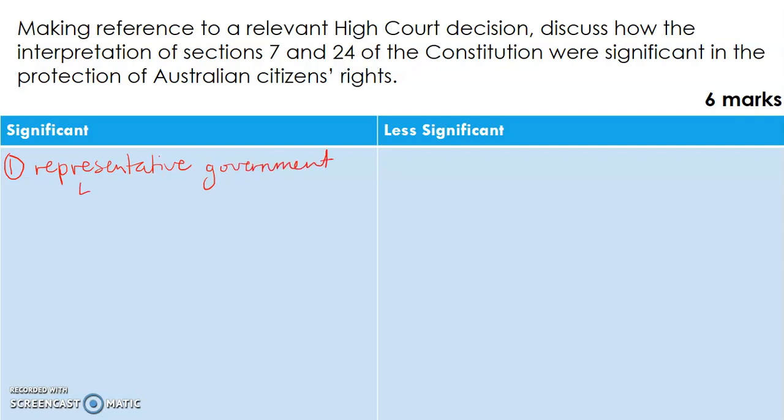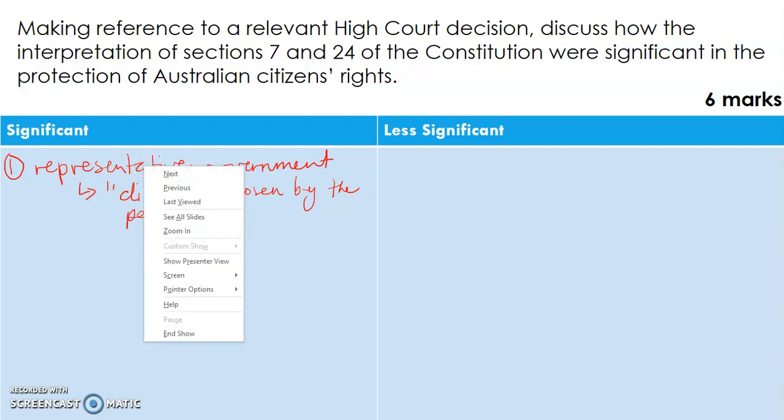Okay. Because of the language in Section 7 and 24, directly chosen by the people. Okay. A lot of rights beyond the right to vote flow on from this system of representative government. So this is a valid point to make in itself.